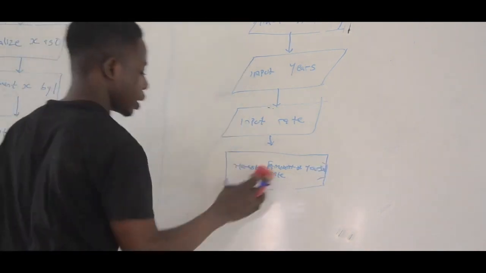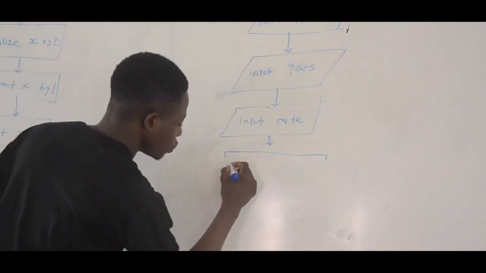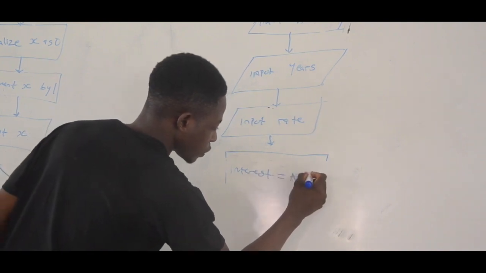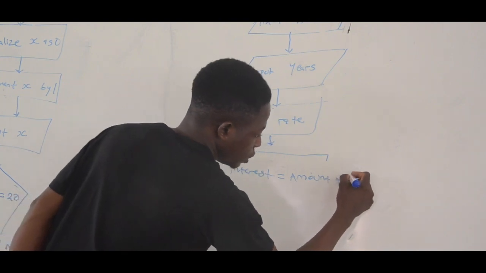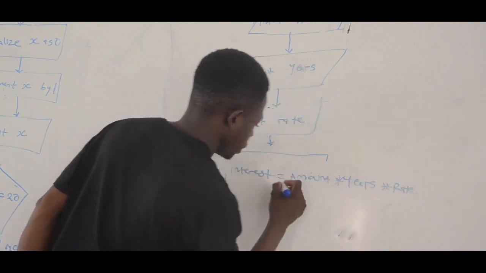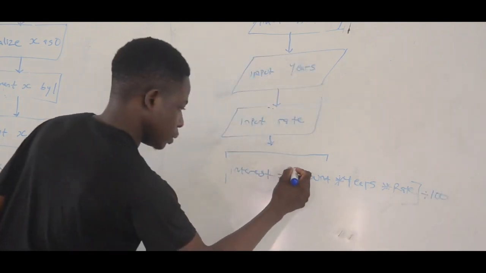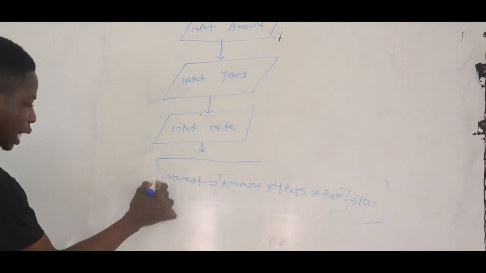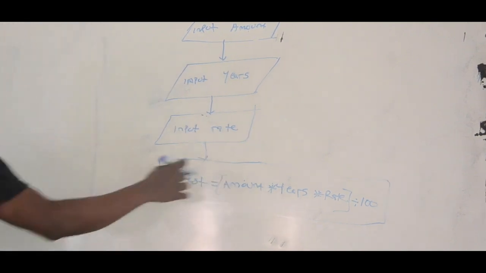But to make it more clear, because I know some people say this is not clear, we said interest equals amount multiplied by year multiplied by rate. This thing divided by 100. Yes, a rectangle can be as long as it likes. It's only a square that cannot be like this. So now, this is our process.